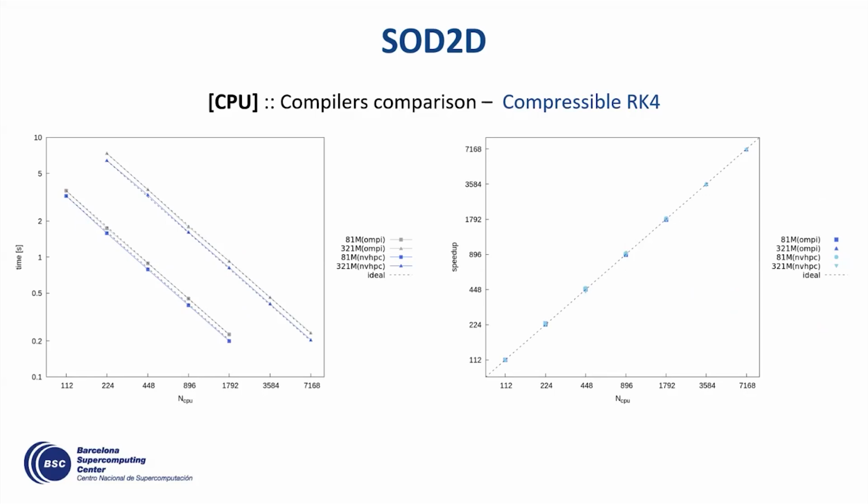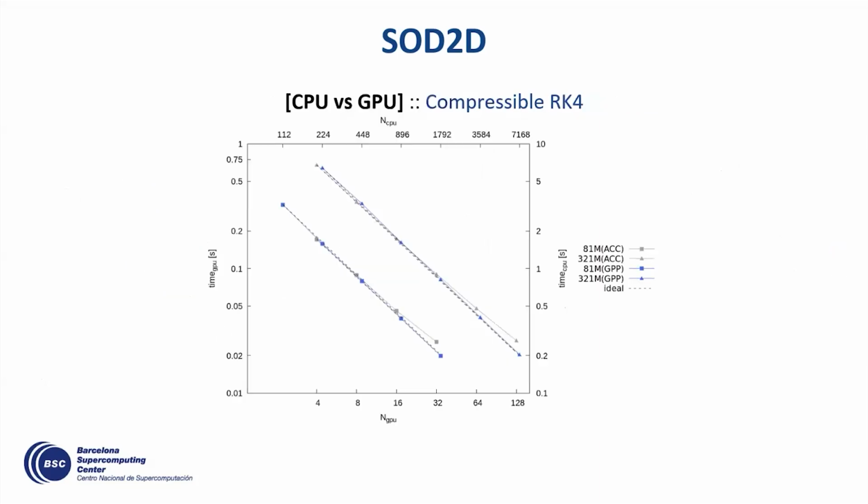Here is just a comparison between two different compilers, OpenMP plus GNU and NVIDIA HPC. NVIDIA HPC is a little bit more efficient, but the scalability is the same. And here, what I'm trying to show you is a comparison of the scalability on CPUs and GPUs. So you can see the ideal scalability of the CPUs, while there is a small degradation on the scalability of GPUs, but almost ideal.